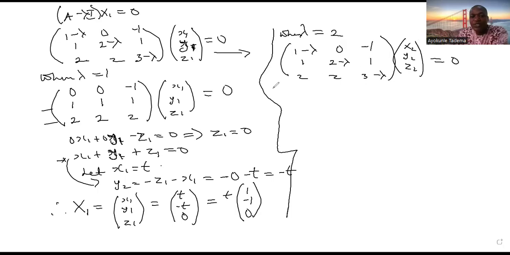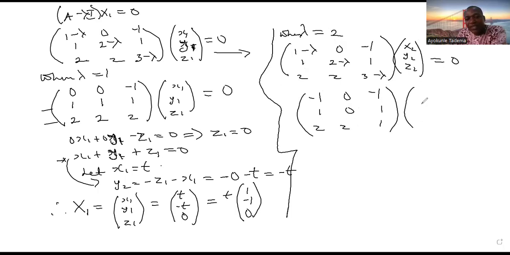Everything equals 0. When lambda equals 2, it becomes minus 1, 0, minus 1; 1, 0, 1; 2, 2, 1, multiplied by x2, y2, z2, equals 0. At this point, open the bracket again.